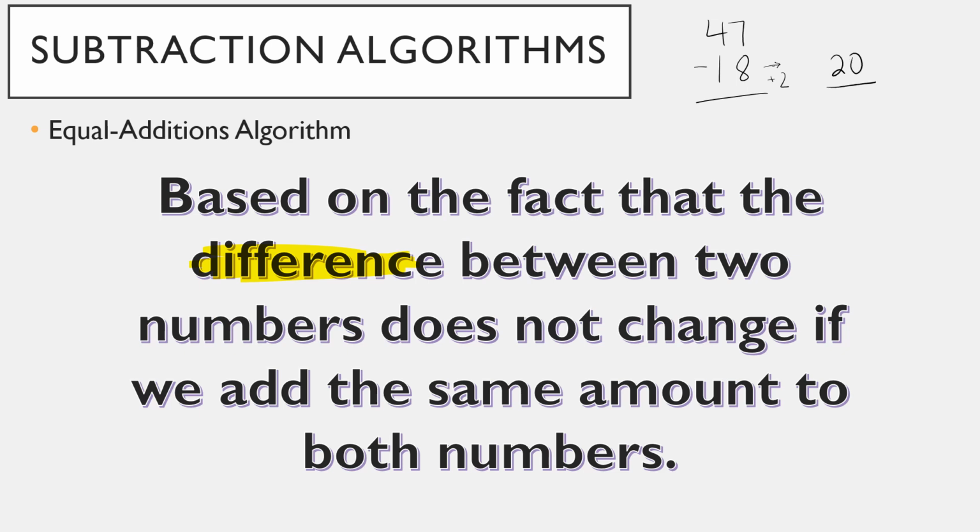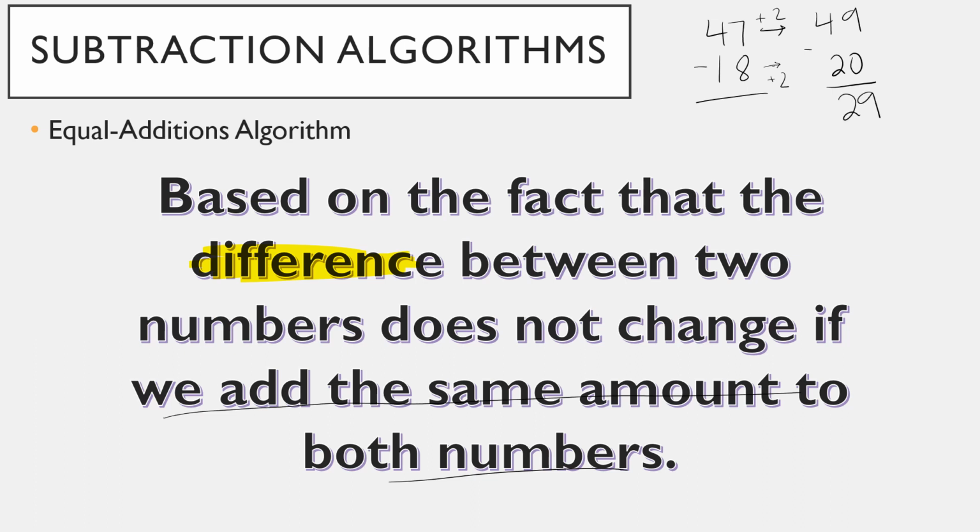Whatever we do to the subtrahend, we're going to do the same thing to the minuend, because this algorithm is based on the fact that the difference between two numbers does not change if we add the same amount to both numbers. All right, so we're going to add 2 to it. And now this problem is much easier to subtract. 49 minus 20, we can easily subtract that.